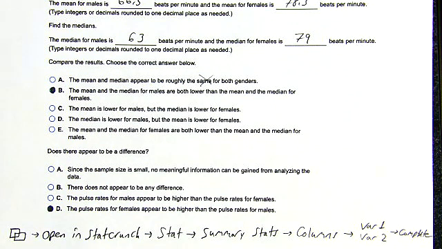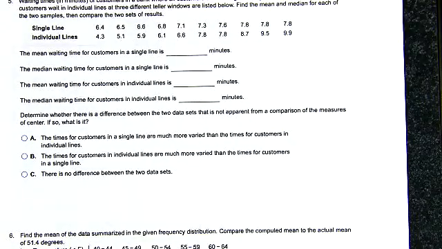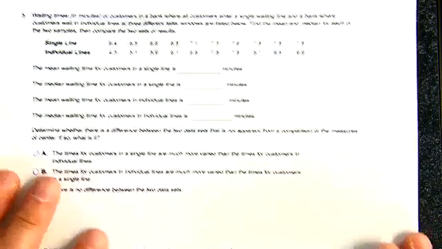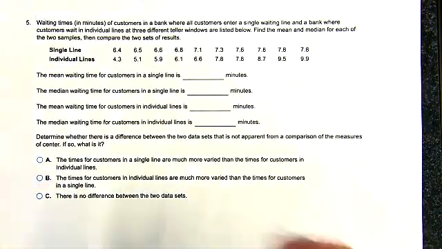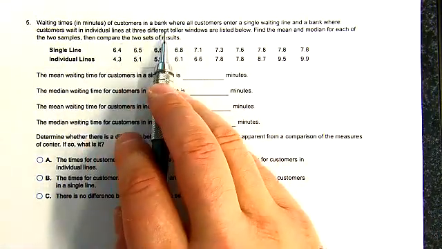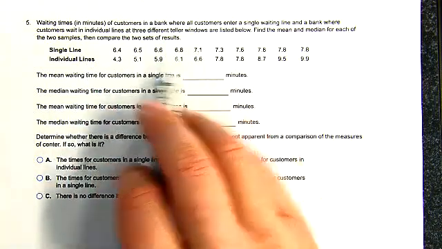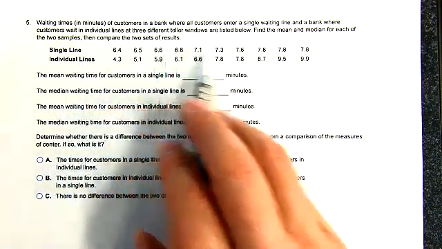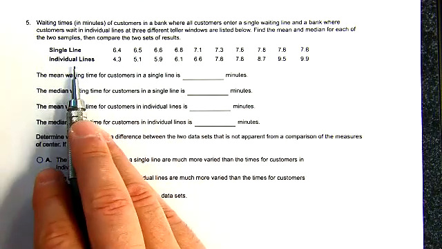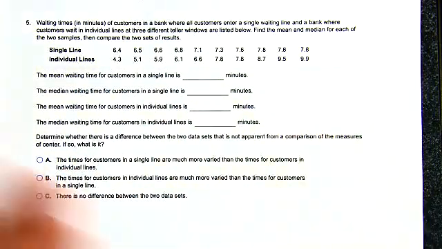Okay, 5 is exactly the same. So I'm just going to say C steps from problem 4. So you would again use the computer. And this one is, you go to a bank and you look at the waiting times for if they have just one line where everybody gets in line, or if they have individual lines, so you can kind of, like the grocery store, pick which line to go into.